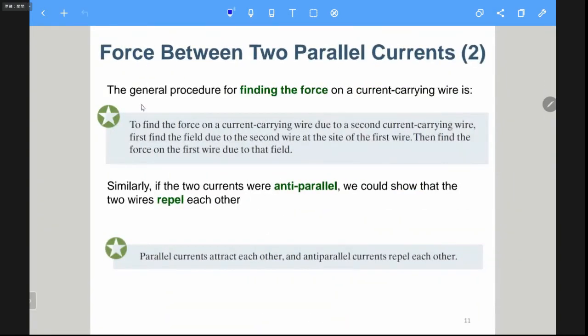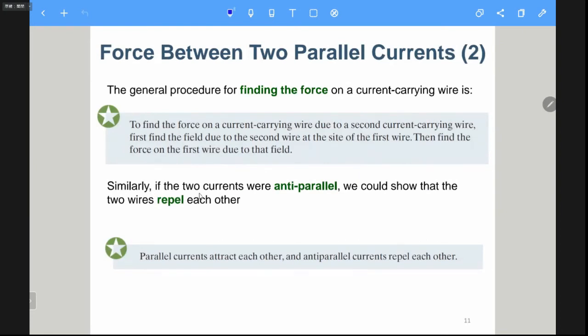Here it says the general procedure for finding the force on a current carrying wire is to find the force on it due to the second current carrying wire. First, find the field due to the second wire at the site of the first wire, and then find the force on the first wire due to that field.